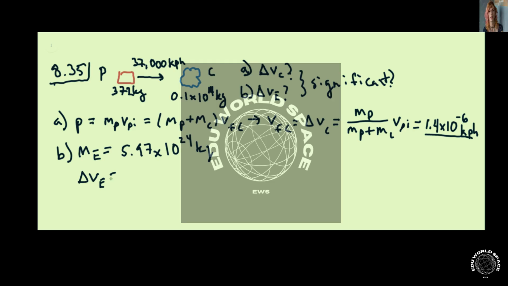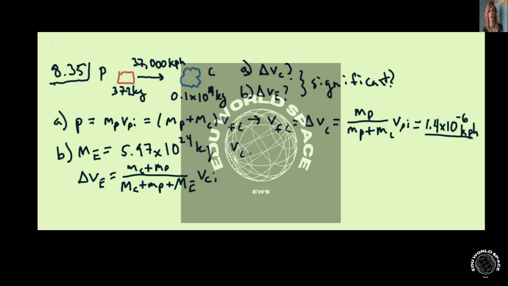So the change in the Earth's speed is going to be equal to the mass of the comet plus the mass of the probe, which is negligible compared to this, but for the sake of being complete, we should include that, over M_C plus M_P plus M_E, times V comet initial.